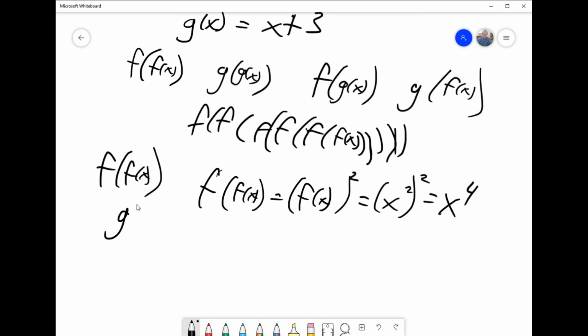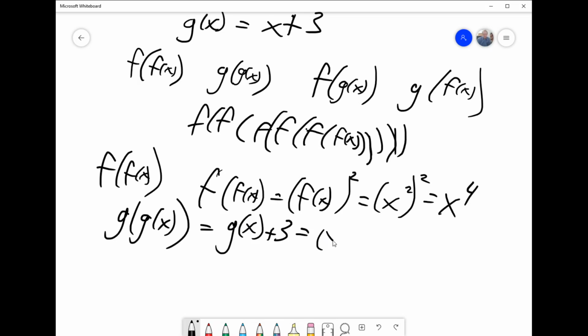Now, g of g of x means we take our g of x, which is x plus 3, but instead of writing the x, we write g of x instead. And then we substitute in and follow all the normal rules of algebra to get to x plus 6.